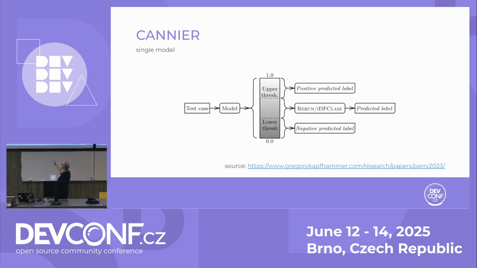So this is the upper threshold, the positive predicted class: tests that would be flaky with high probability. Then you have the lower threshold, which says those are pretty much stable, so you don't have to run them. And the interesting part is the one you don't know, the rerun class. You have the boundaries with which you can decide whether you're going to rerun the test or not.